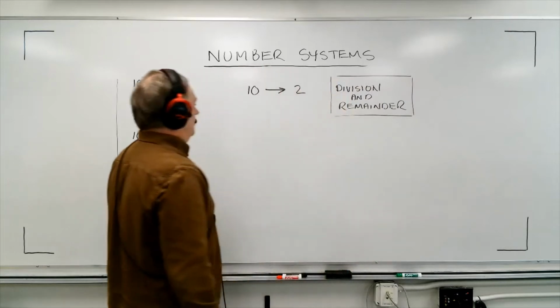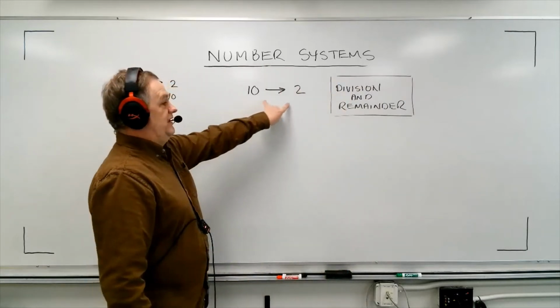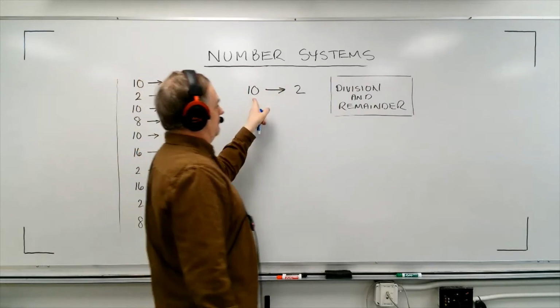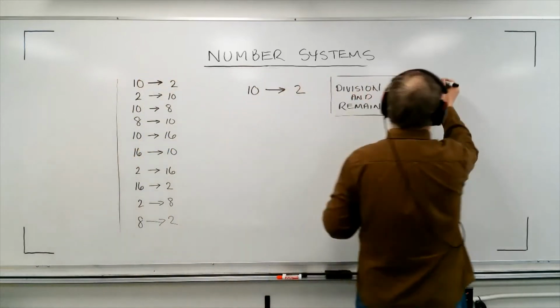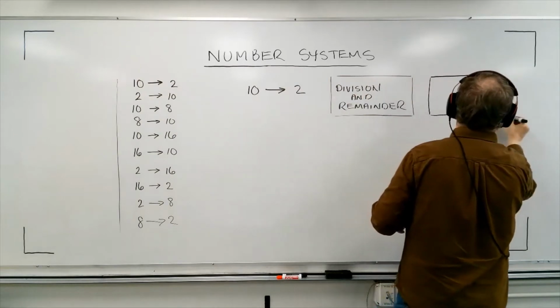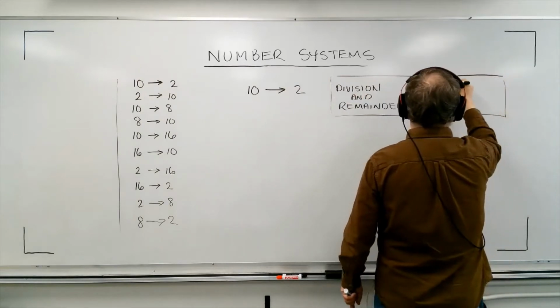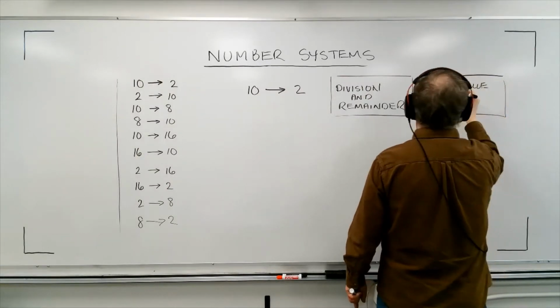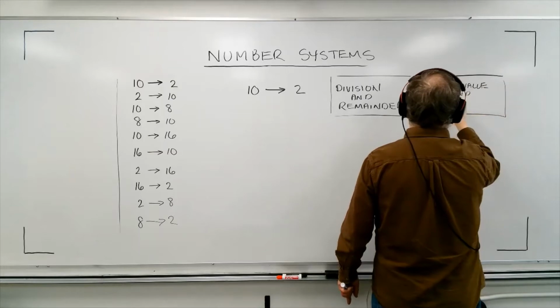Now, when we want to go from a binary number to a decimal number, there's another process that we'll use, which is quite similar, and it's called place value and multiplication.